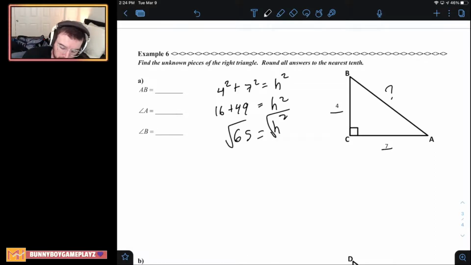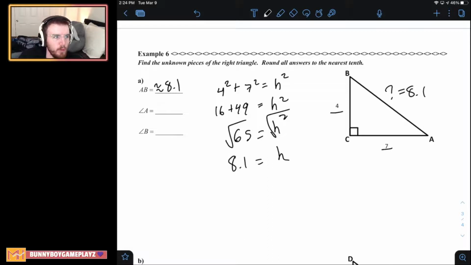You take the square root, and I'll use my Google calculator here, square root of 65 is 8.06. We'll call it 8.1. Approximately 8.1.